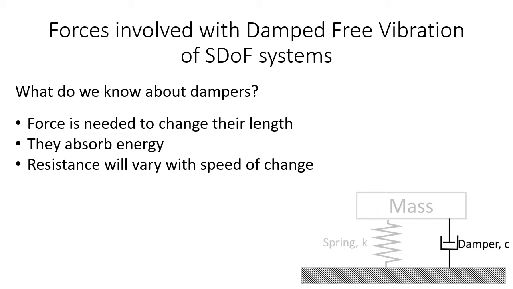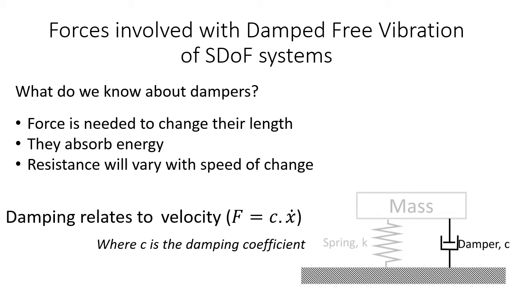And the force that we need to compress the damper will change depending on the speed at which we try and compress it. So if we go slowly, it doesn't take much force, but if we try and compress it really quickly, then it provides a lot of resistive force. So therefore, our dampers in the system relate to the velocity. And as I mentioned earlier, C in this equation is the damping coefficient. So the force equals C multiplied by x dot.